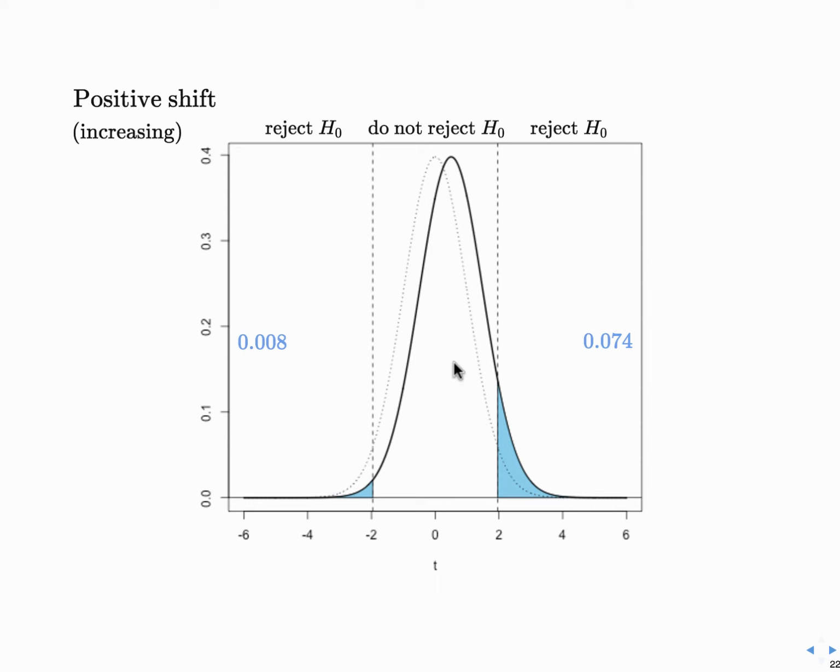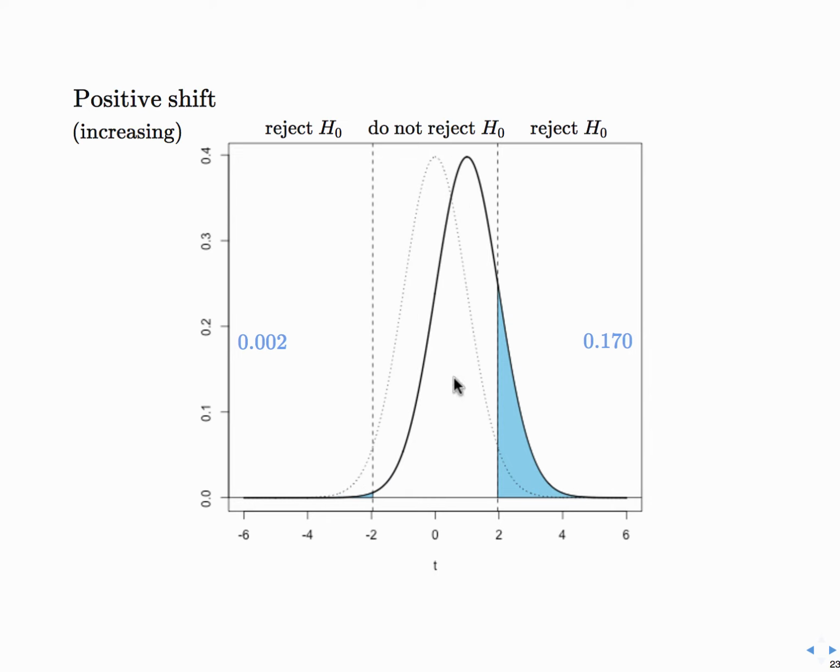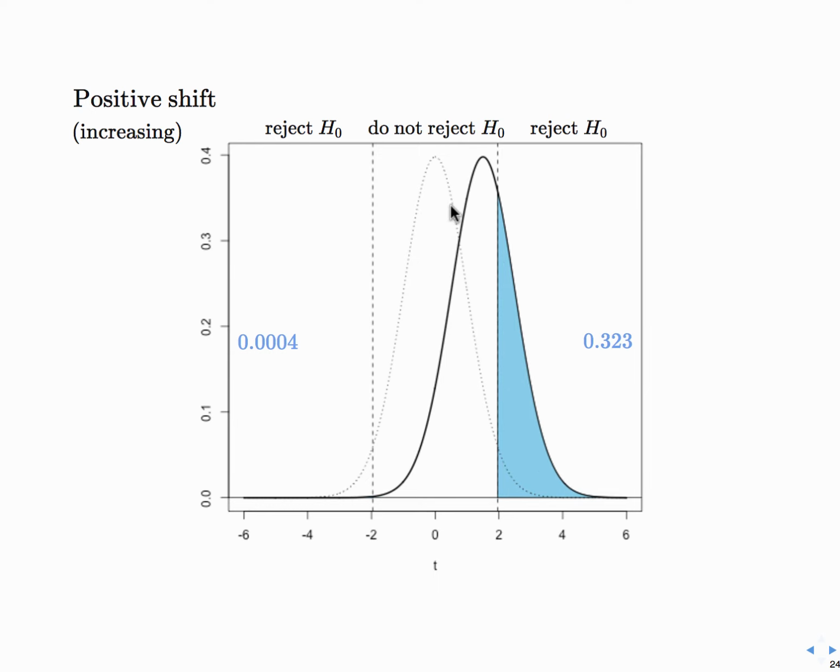Now of course what we can do is increase the value of the shift, and as we do so we will see that the probability of a rejection out here increases. It's a positive shift, so we're going to shift it out this way. Now it's up to 0.17, and as we continue you can see with the larger shifts, we get more probability in this upper part of the distribution, and we're going to get progressively closer to zero in the lower tail.